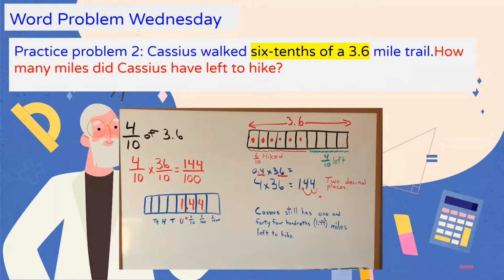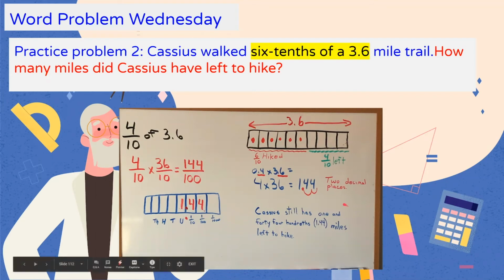We move our decimal 2 places back to the left, and we wind up with the same as we had when we just multiplied the fractions. 1 44/100ths of a mile. So we can say when we write our solution in words, Cassius still has 1 44/100ths, 1.44 miles left to hike.